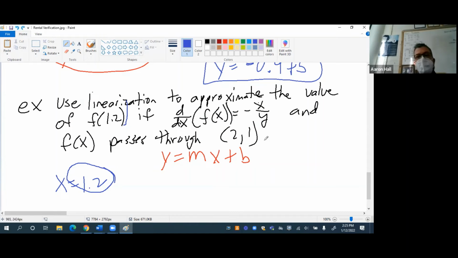Okay, so I want to find the tangent line at (2, 1). Okay, yeah, I think that's a good idea. We'll plug that in. So our m, this means derivative, right? That just means the derivative, just another fancy way of writing derivative.